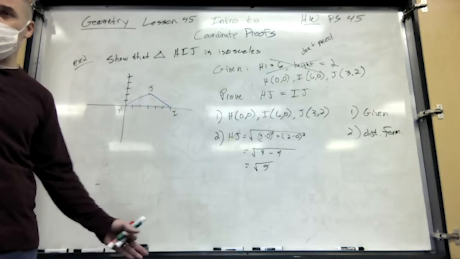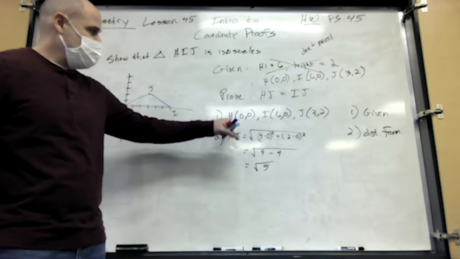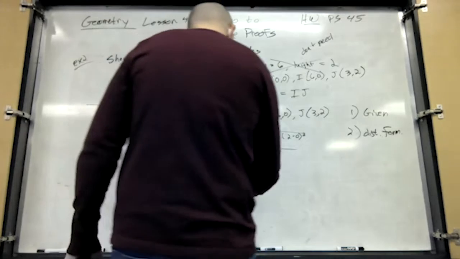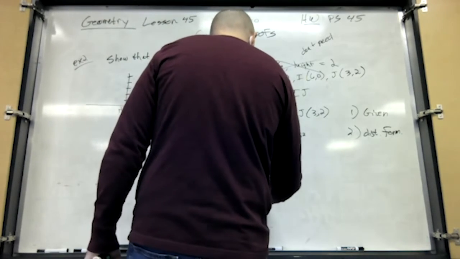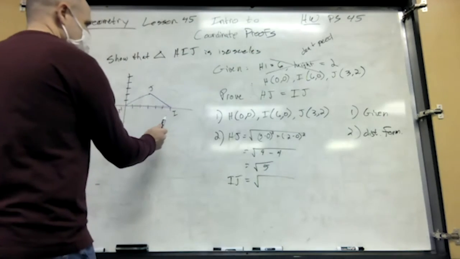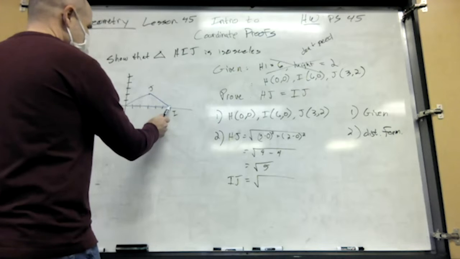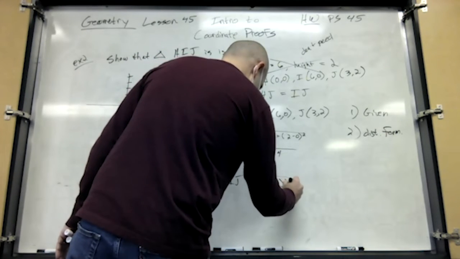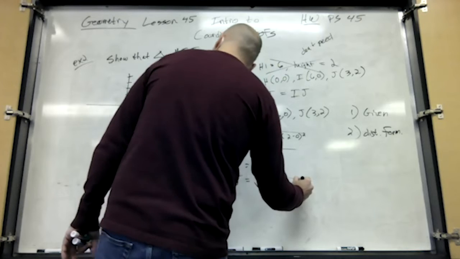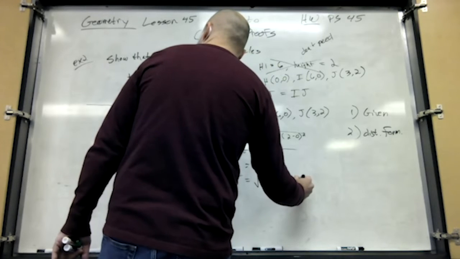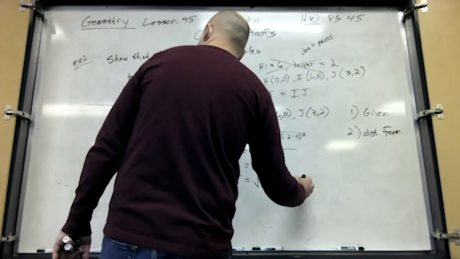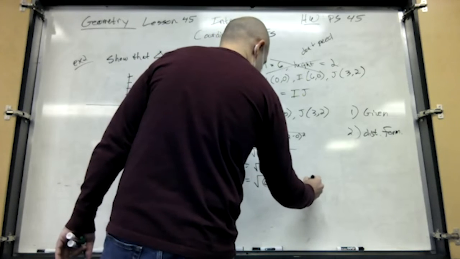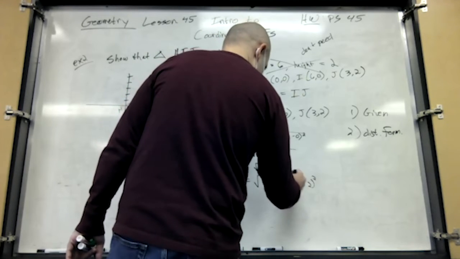Okay, so the answer is an uncomfortable number, but we don't care because all we need to do is prove that HJ is the same length as IJ. Well, let's find IJ. Well, what's IJ? That is the square root of, let's see, I is going to be 6 minus 3 squared, and then the y's are just going to be 0 minus 2 squared.